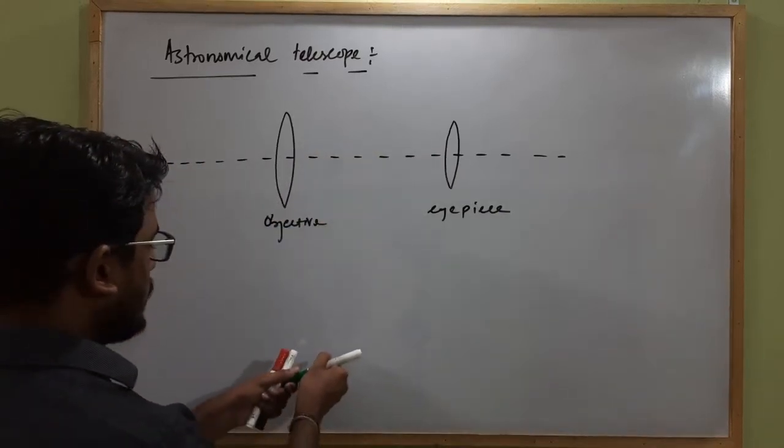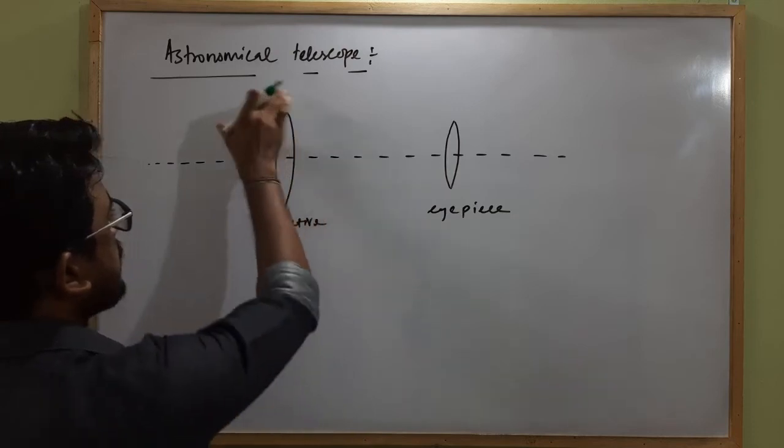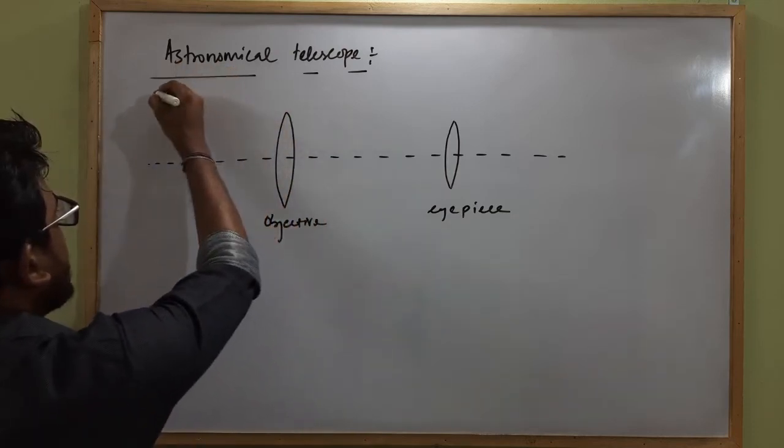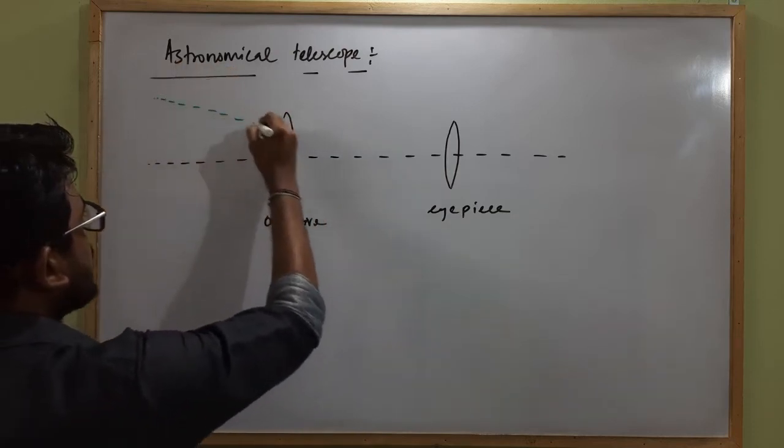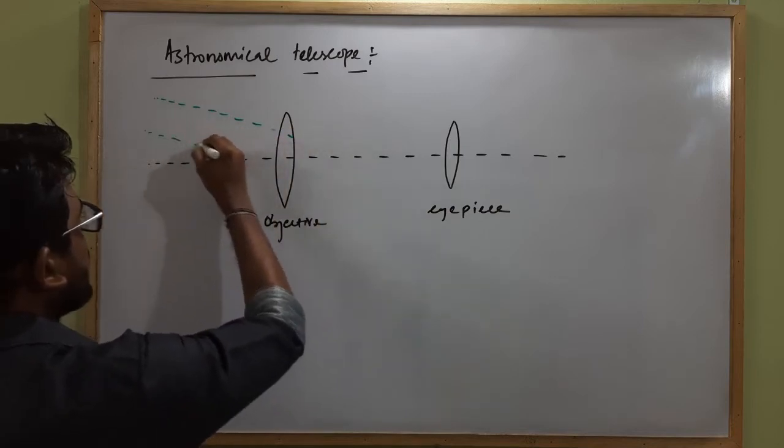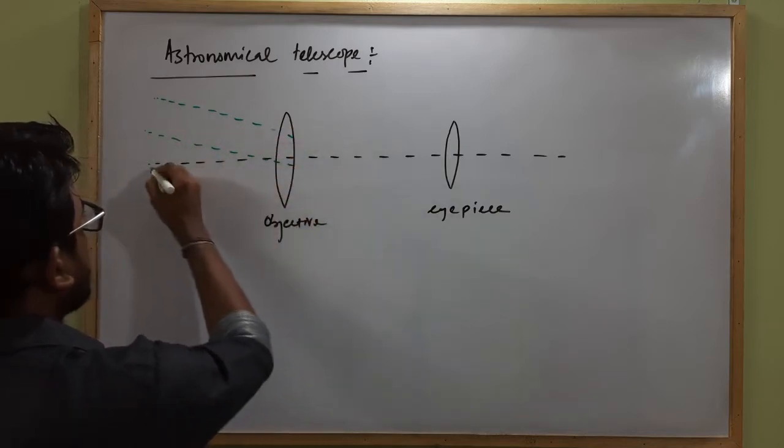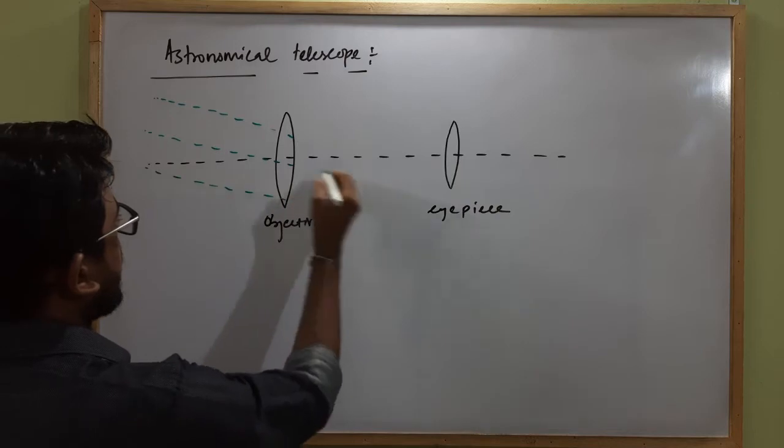As the object for this telescope is very far away, the light rays are coming parallel; we assume the object is at infinity.